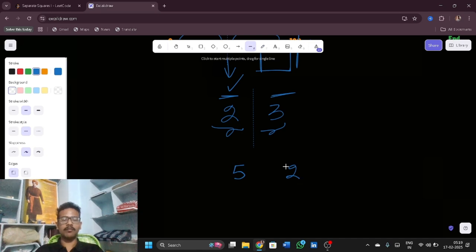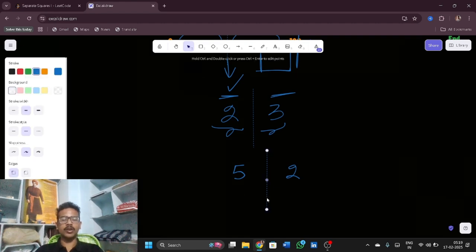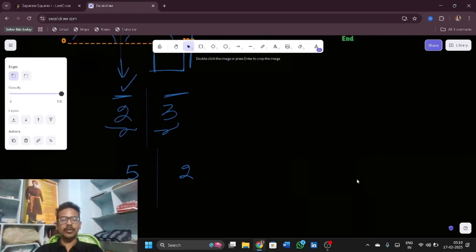So my intuition is, take another example where I have 5 here and something like 2 here. Now my middle value is here. Now where should I go? I should go to the left side because I can get a mid value there. Why am I doing this?